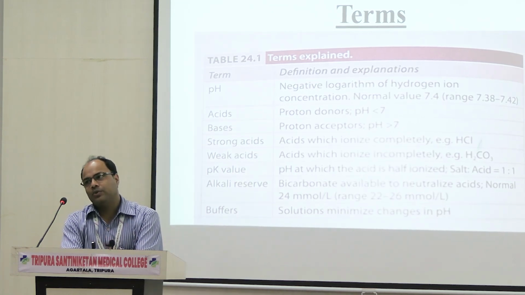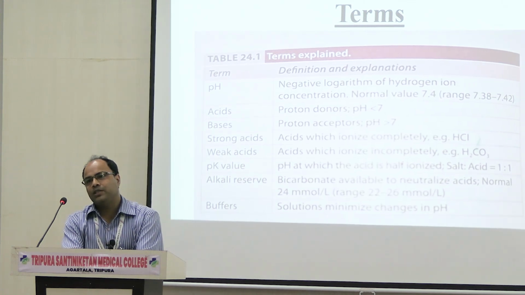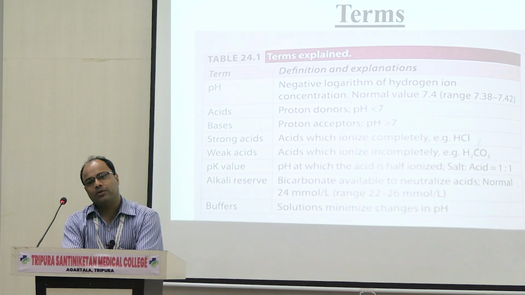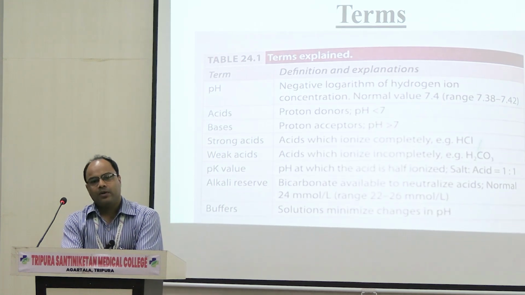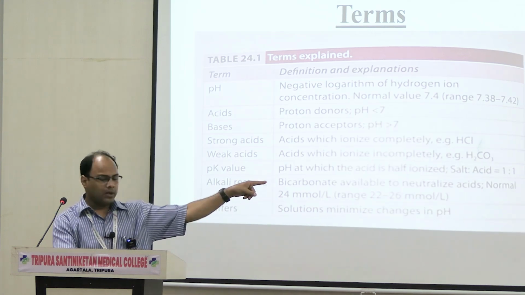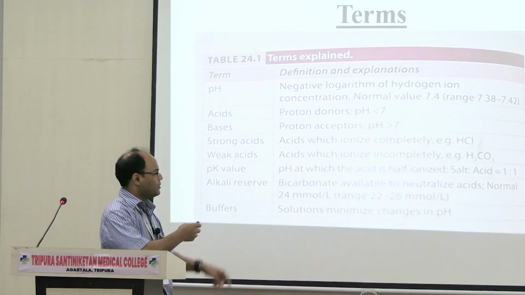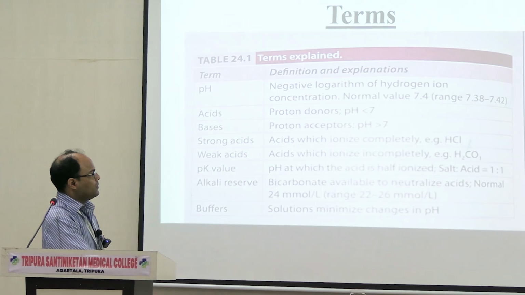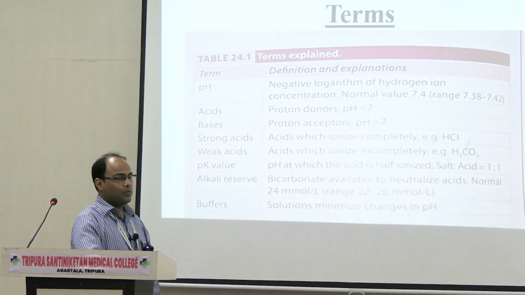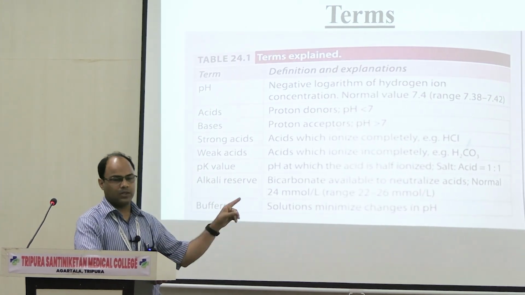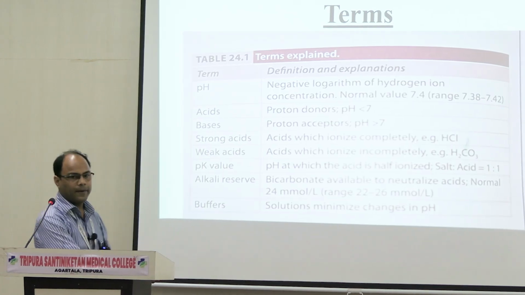All of the students have to be familiar with these terms. What is pH? pH means negative logarithm of hydrogen ion concentration. Okay. What is the normal range of pH in our body? Remember that one, not this one. 7.35 to 7.45. All of the students have to remember this. Okay.